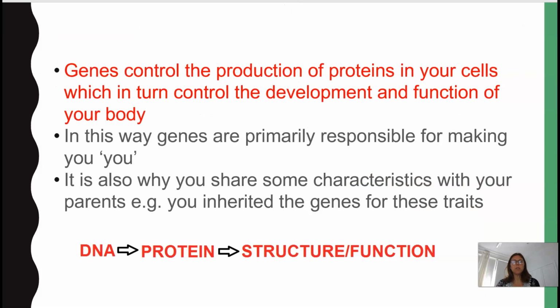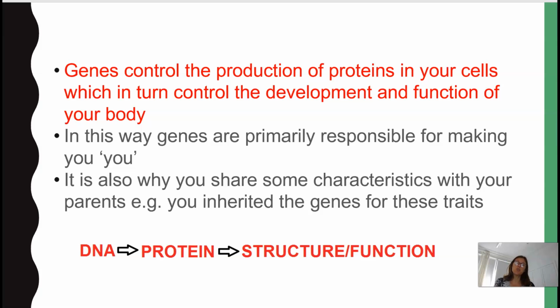We've already looked at this with our activity previously, where you looked at the series of bases, and each three formed a codon, and that codon produced an amino acid, which joined together and made a protein, which were the instructions for your body to produce whatever it was asked to produce.